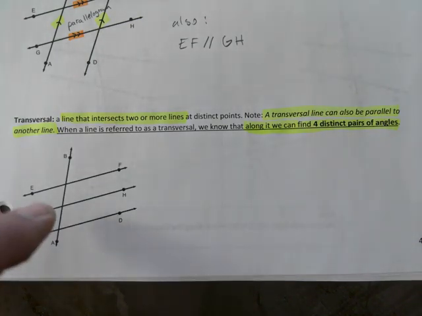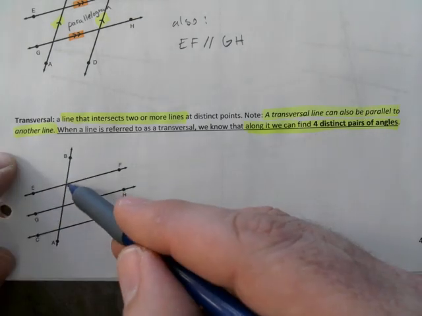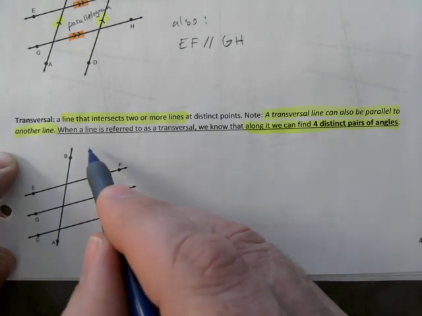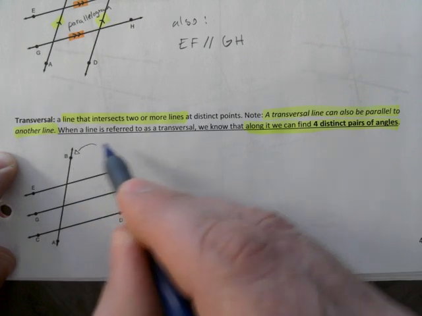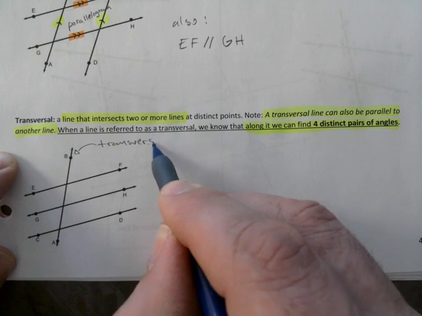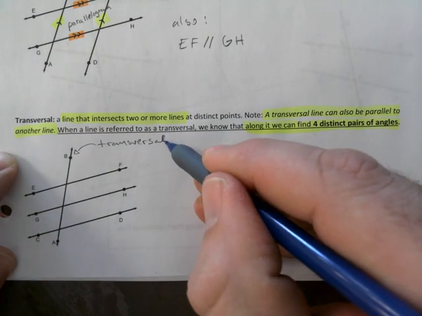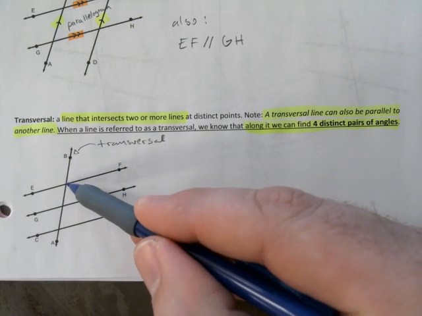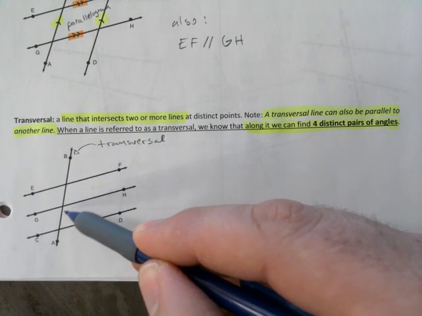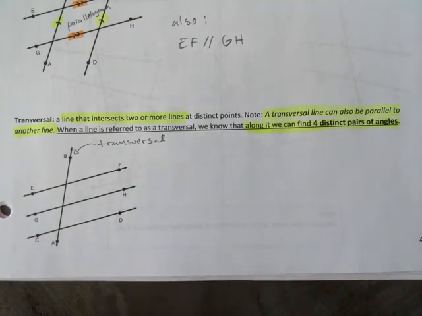In this example there is only one transversal that cuts three different lines. So that one is called a transversal. We're going to be zooming in. Along that transversal, there are angles formed by the transversal and the lines it cuts, and those we have names for.